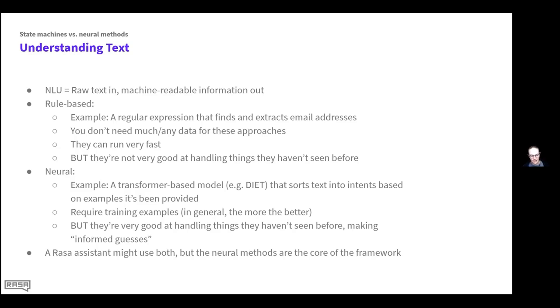But the benefit of using a neural approach, or these sort of machine learning-based approaches, is that they're pretty good at handling things they haven't seen before. So they'll make a guess, right? Like every time they'll make a guess. And we can talk a little bit about this later if anyone has questions, but the way that we balance rules and machine learning is that we use our dialogue policies.